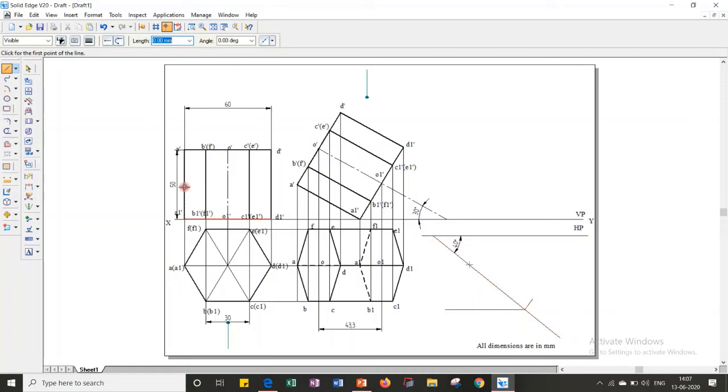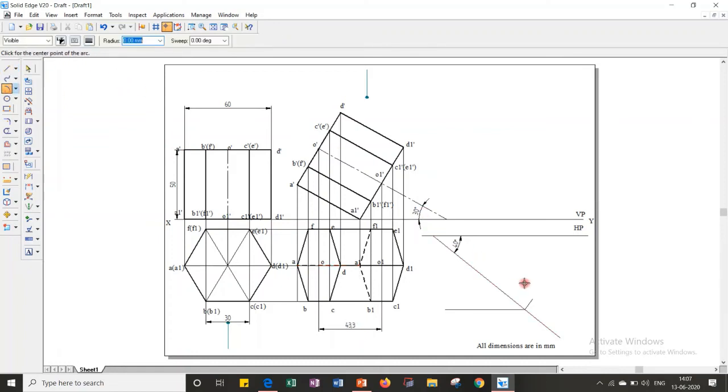We'll repeat it again. First, consider the actual height of this prism. If it is a pyramid, consider the actual height of the pyramid. Cut the first arc. Draw one horizontal line. To cut the second arc, measure the distance between O to O1 in the second image. If it is a pyramid also, you have to measure the distance between O to O1. Here this dimension is 43.3.